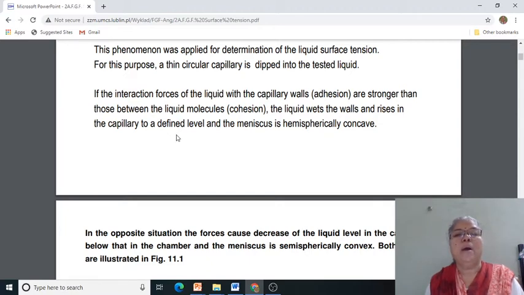We have to introduce a capillary in a liquid, and due to interaction forces of liquid with capillary walls, that means adhesion force, when it is stronger than the cohesion force, that means the interaction force between liquid molecules, then the liquid wets the walls and rises in the capillary to a certain level, and depending on the nature of the liquid, either a concave or convex meniscus we have observed in the capillary tube.